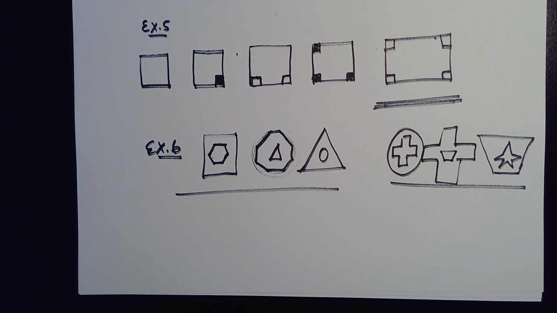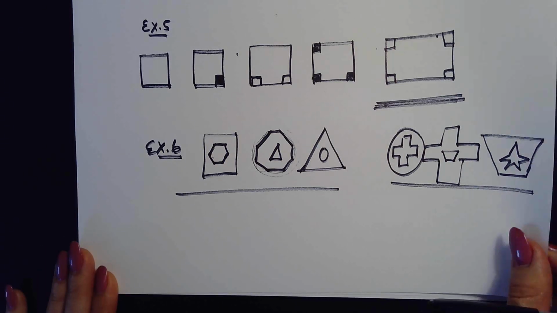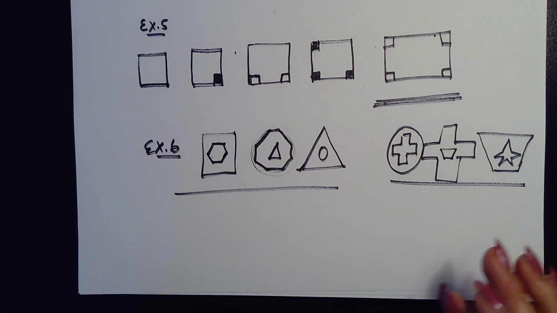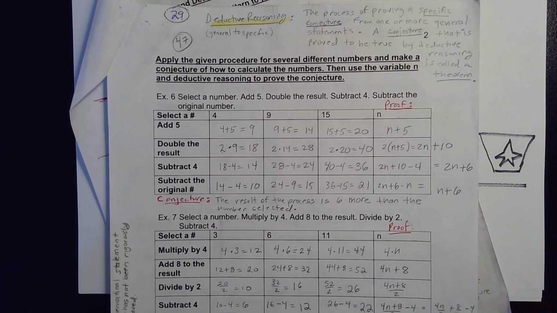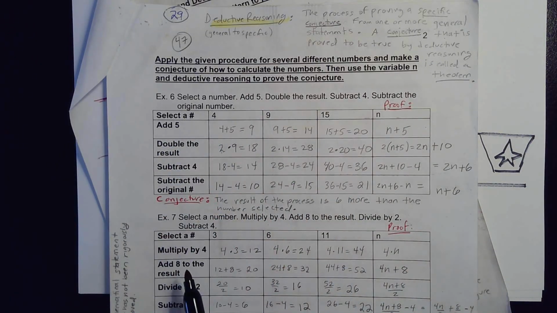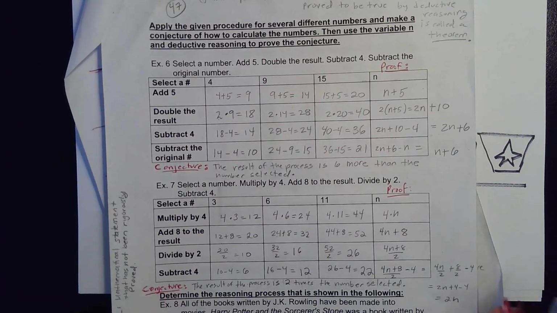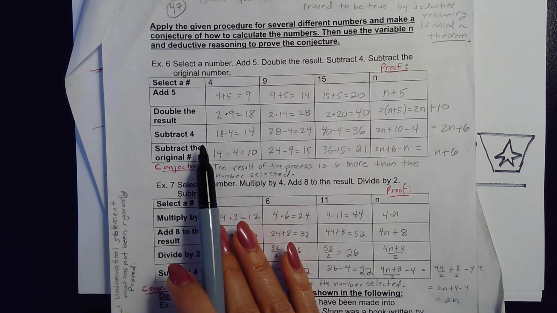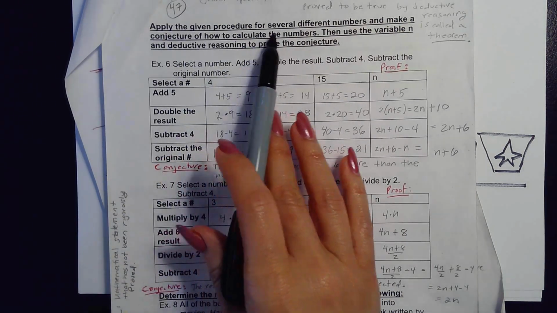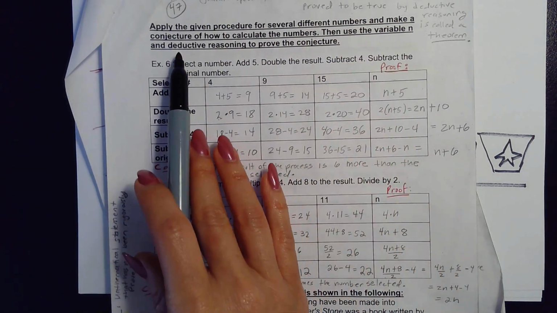Okay, so those are the examples in the workbook for determining or finding the patterns. Now we're going to move on to example 6 and example 7 in the workbook, where we apply the given procedure for several different numbers and make a conjecture.